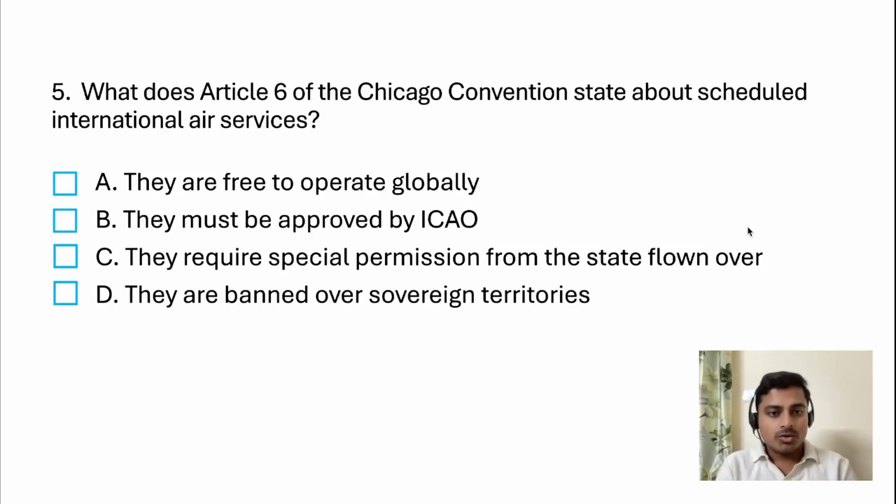They must be approved by ICAO. No, because the flight plans are not approved by ICAO. They are approved by other authorities. So the correct answer is they require special permission from the state flown over. So if they are flying over the airspace of another state, they need special permission before doing that.